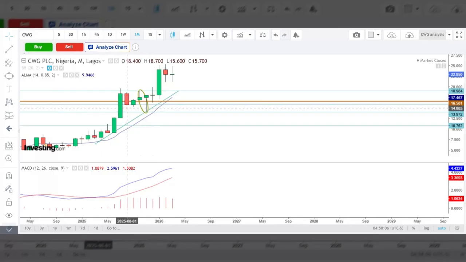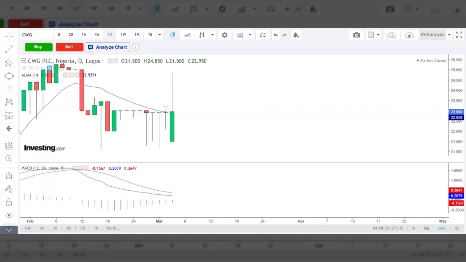You can see this is eight. This is our bearish candle, which is actually August after July. Sorry, let me check the date of when this one happened.